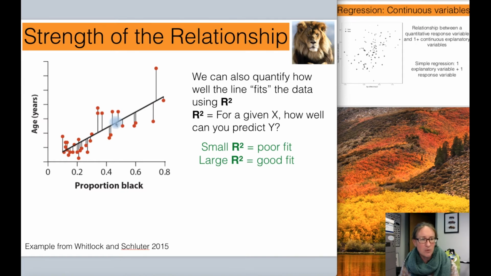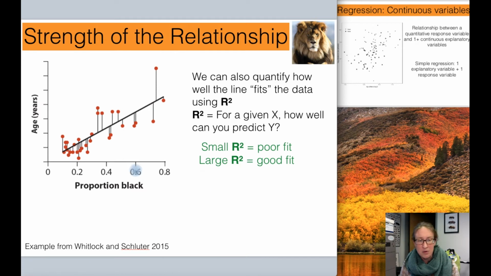And so this R-squared value basically tells us for a given x, how well can we predict y? And actually the inverse is also the case. It will also tell us if we knew y, how well we could predict x. And so R-squared typically ranges between 0 and 1. So an R-squared that's close to 1 indicates that we have very good predictive power.